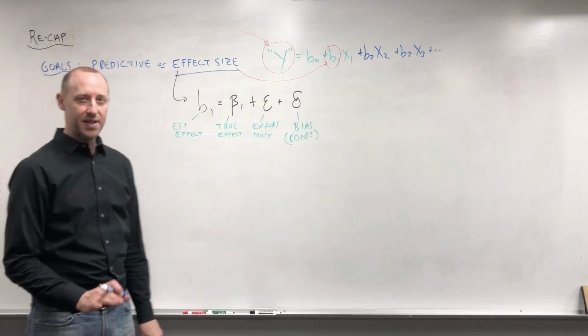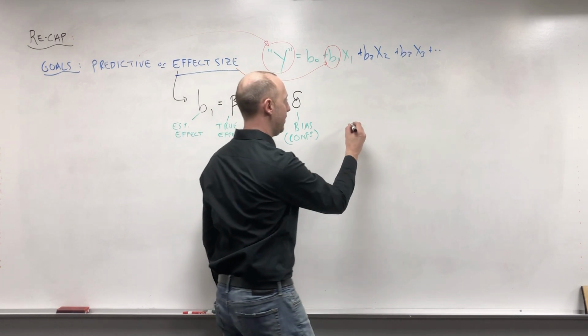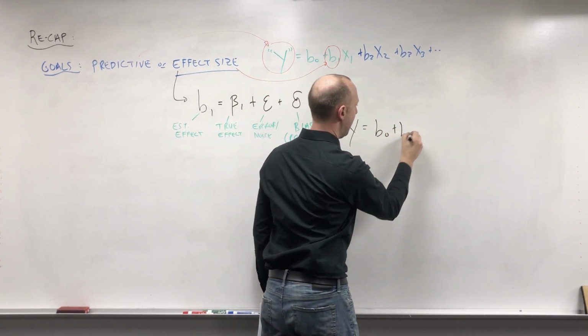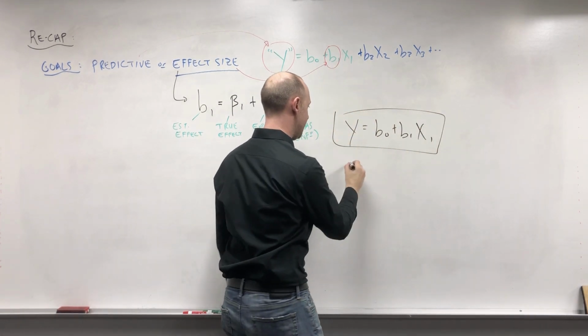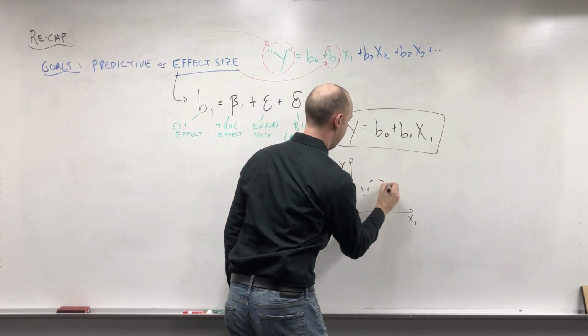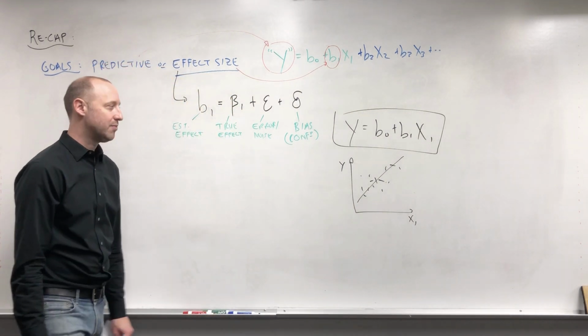Previously, we recapped the idea of simple linear regression. So thinking about when our outcome variable is numeric, and we have just one x variable. So this idea of here's x1, here's y. Fitting some line, there's some regression model to that.